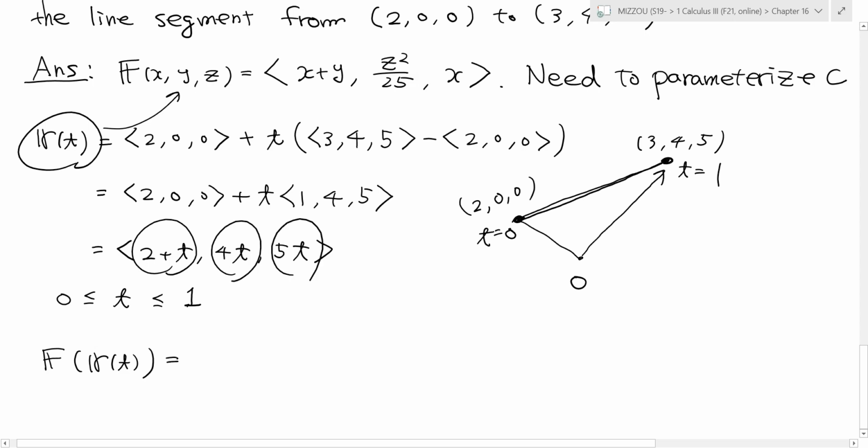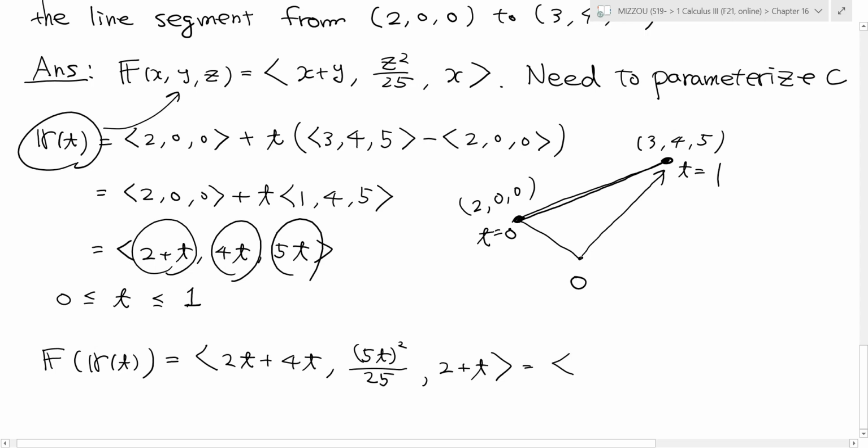So this is equal to 2t plus 4t, and then 5t squared divided by 25, because z is 5t, and then finally x is 2 plus t.